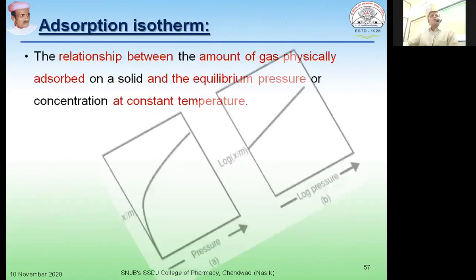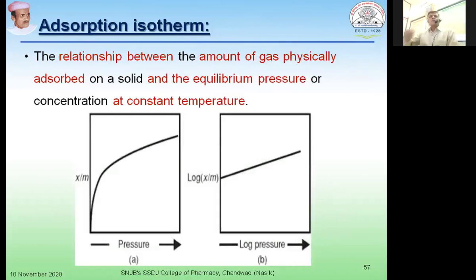The very important concept in adsorption of gas taking place onto the solid surface is adsorption isotherm. Whenever we work on the adsorption of gases, we need to understand the relationship between the amount of the gas that gets physically adsorbed onto the solid surface and the equilibrium pressure of the gas which was present.